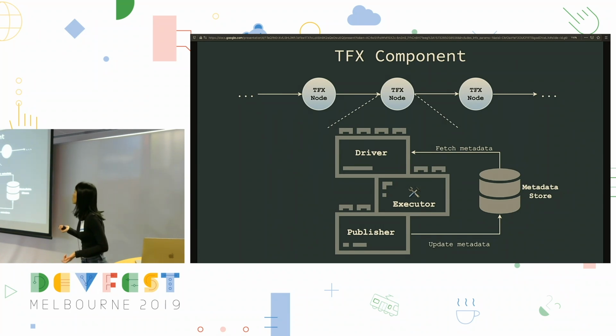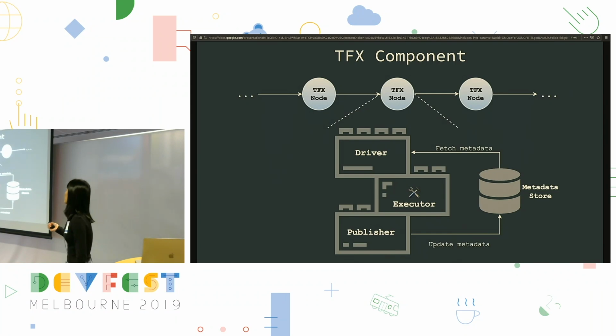And the framework also defined the publisher to take the result from the executor and then update the metadata or the result and write it back to the metadata store. So the input and output of each component are essentially from and going back to the metadata store, which is by default just a database.